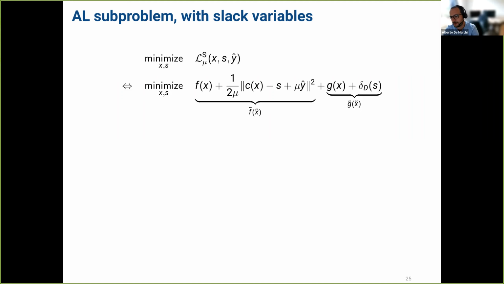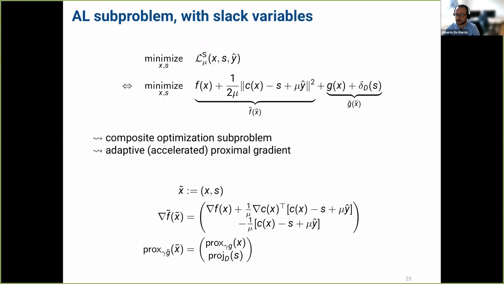And if we look at the structure of this subproblem, we recognize that it's a composite optimization problem, because we have a smooth differentiable term, which is this f tilde, and then a proper lower semicontinuous term, this on the right, this g tilde. So we can use adaptive, accelerated, proximal gradient methods to solve this subproblem.